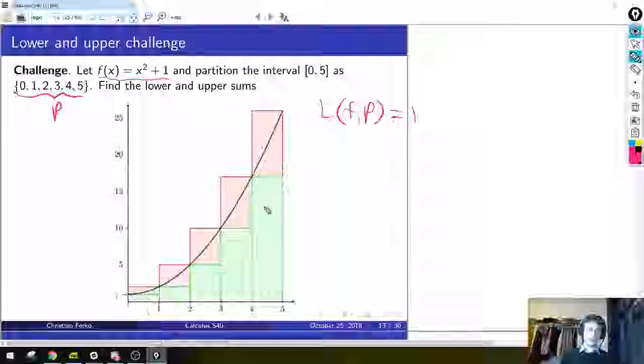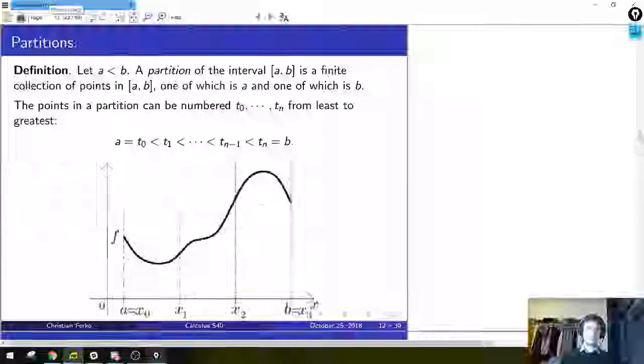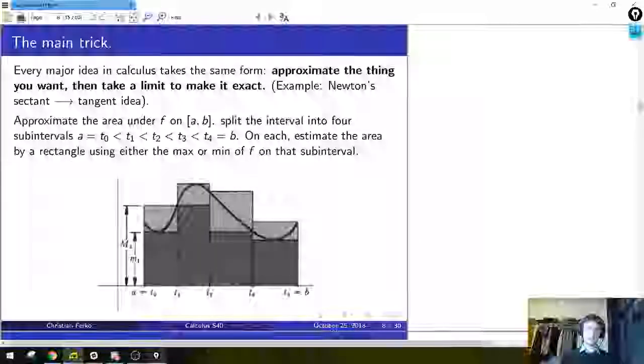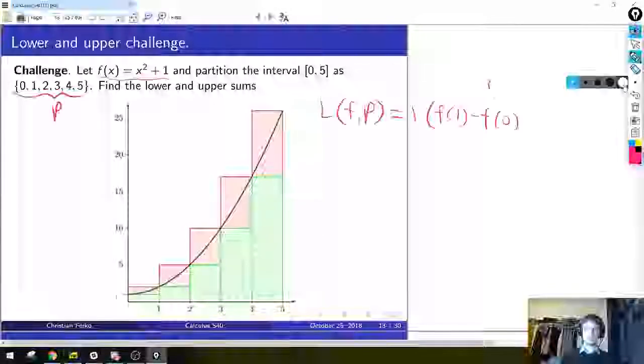Begin parenthesis, of course, don't forget it. 1 times, so wait, why f of 1 minus f of 0 again? Allow me to recall. Yes, I think we're right. Never mind. So we're supposed to take the lowest. For the dark gray ones, you say what is the lowest value the function hits on this interval, and you multiply by that for the partition. Okay. Right.